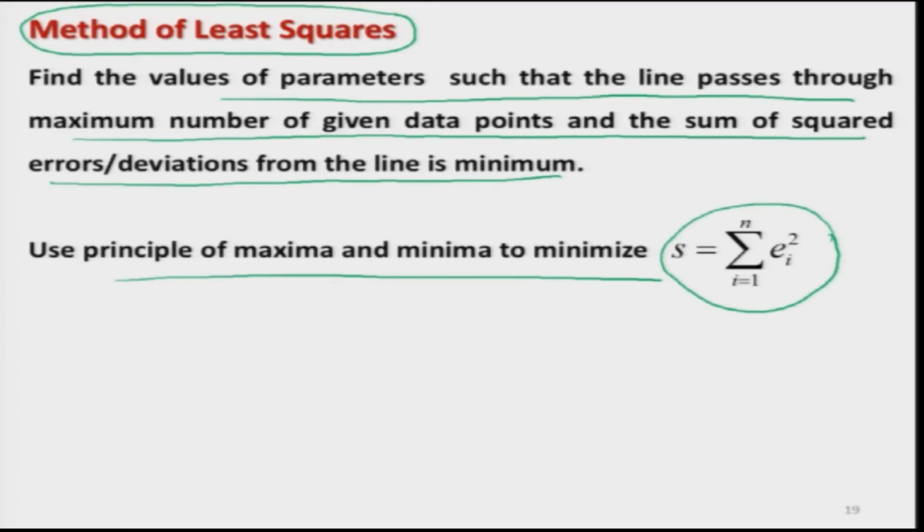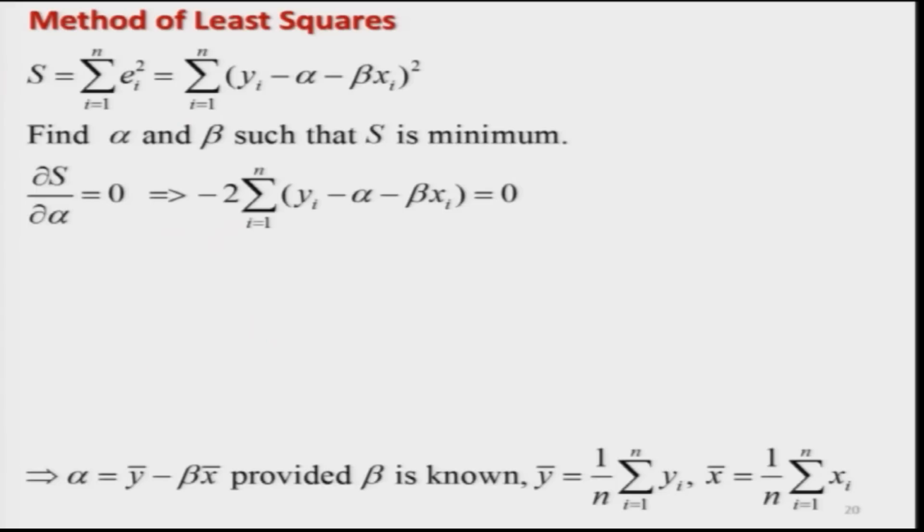So, now in order to find the values of alpha and beta using the principle of least squares, we write down the sum of squares of the errors, and you know that ei is given by yi minus alpha minus beta xi. So, I replace ei over here by yi minus alpha minus beta xi whole square, and now I have to use the principle of maxima and minima.